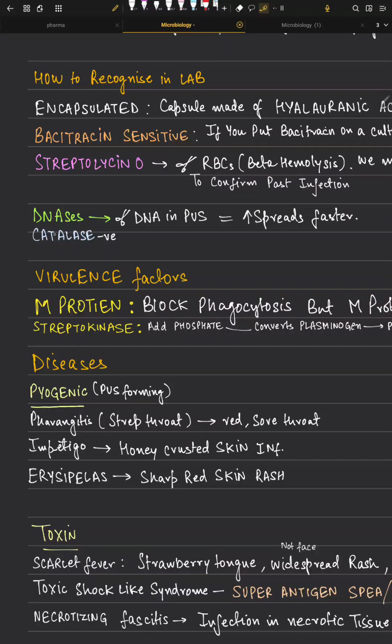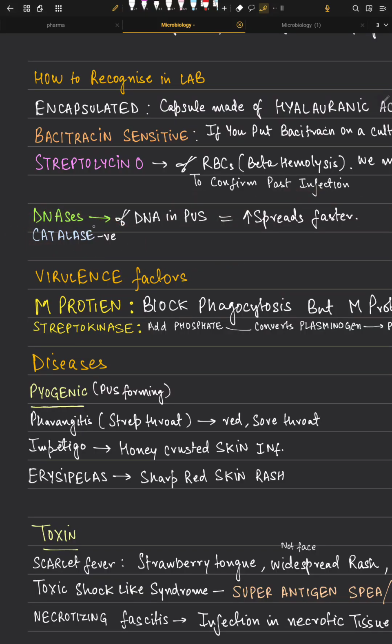Another thing is that they have DNase. This DNase enzyme breaks down the DNA in pus. Why does it break down DNA in pus? So that it can spread faster in the body. Another thing about this, they are catalase negative.